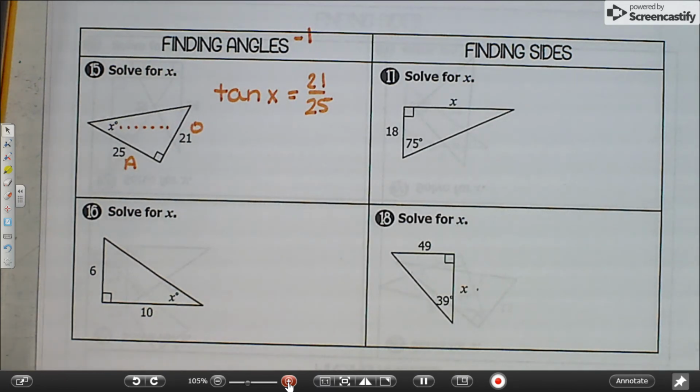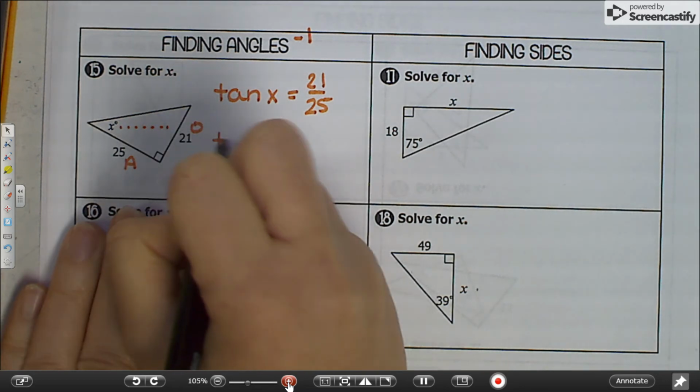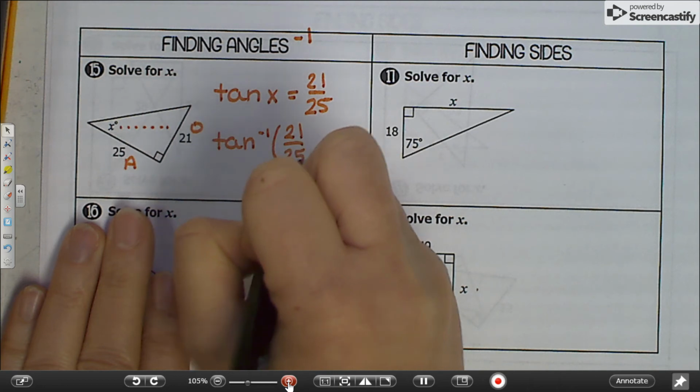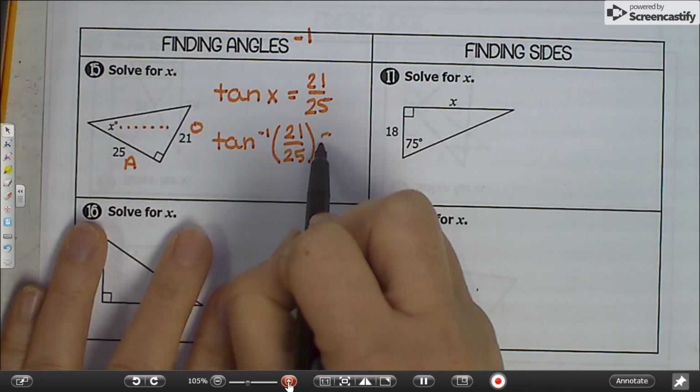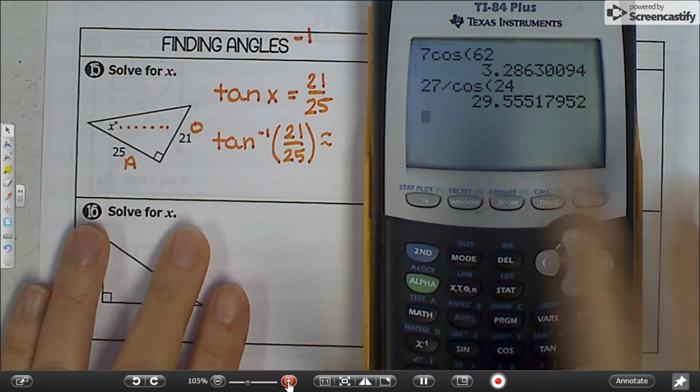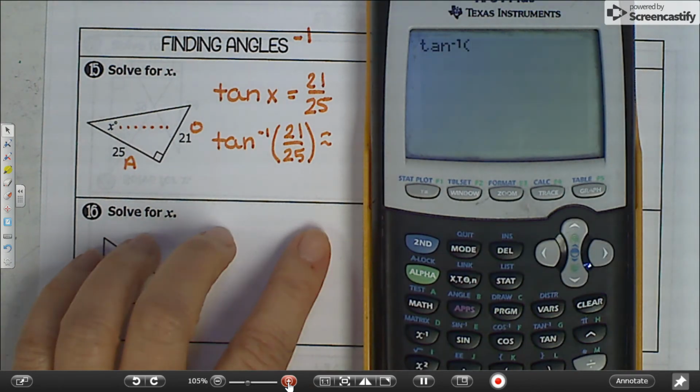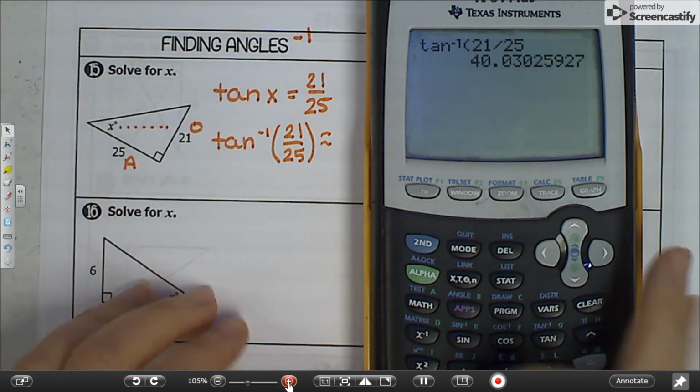Because we're looking for an angle, you're going to use the inverse. So tan negative 1, 21 over 25. And now we're going to use that part on our calculator. So we're going to do second tan, inverse tan, and then type in our little ratio, 40 degrees.